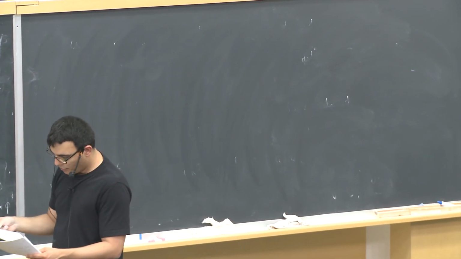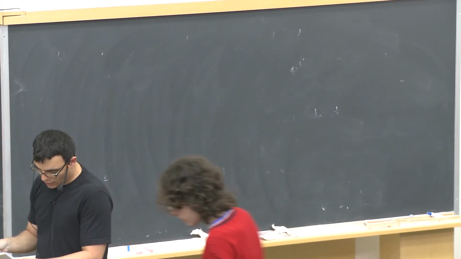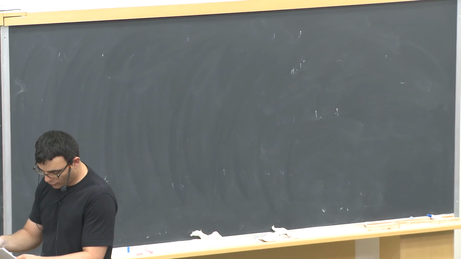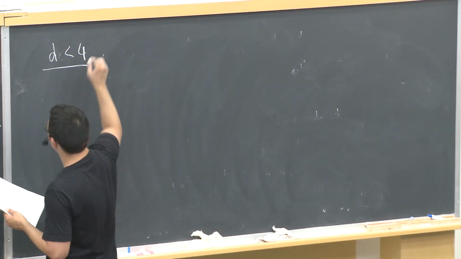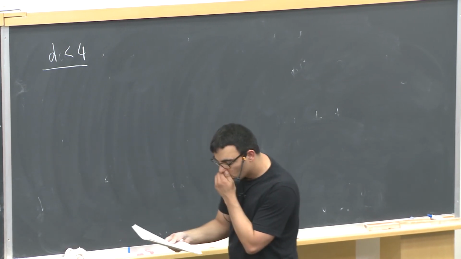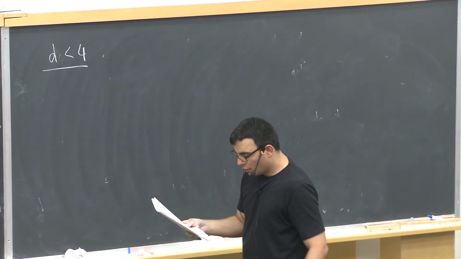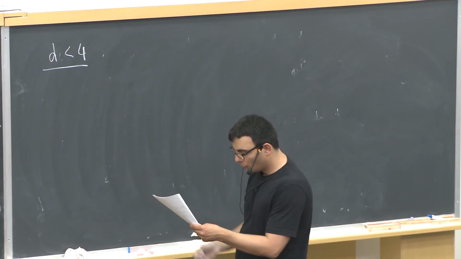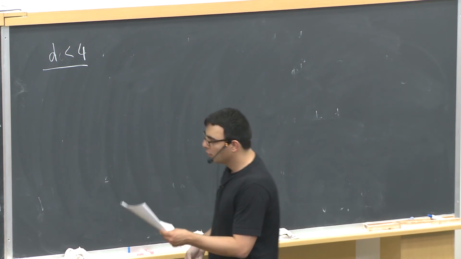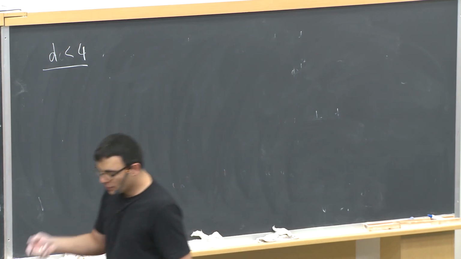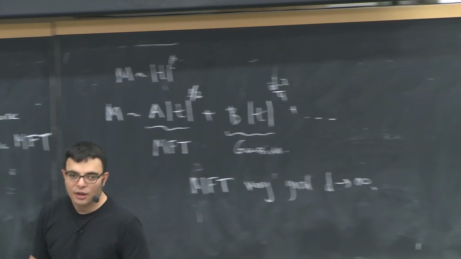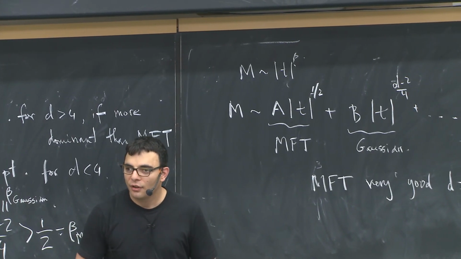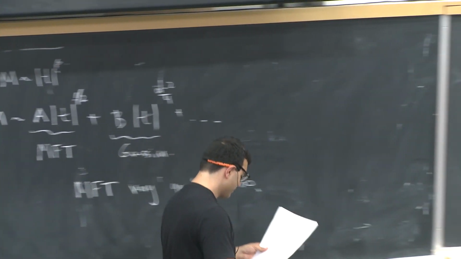So the question is, what happens in less than 4 dimensions? Well, the Gaussian fixed point doesn't have only two relevant operators, so there must be another fixed point that has 2 relevant operators.